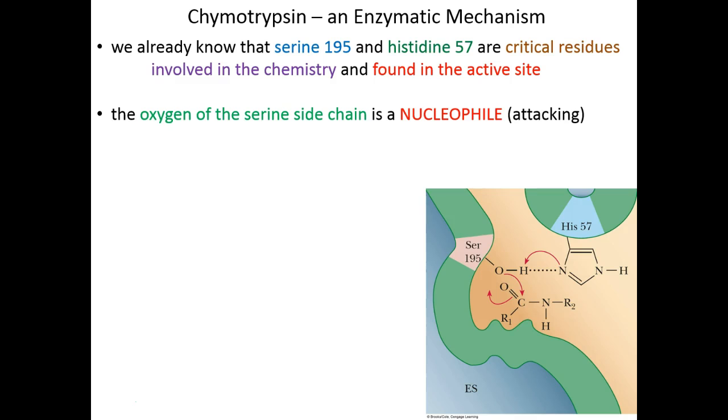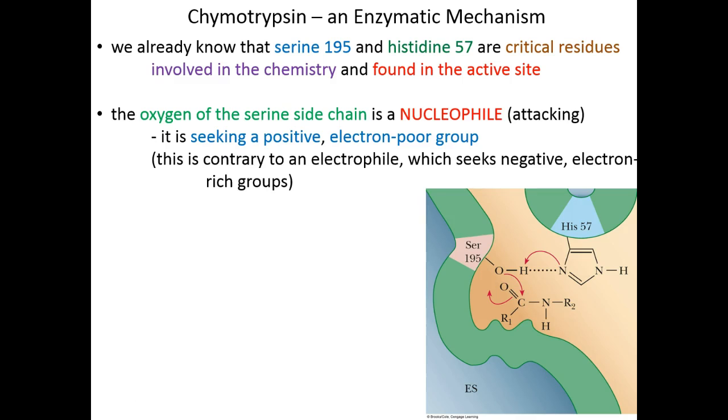The first thing that we need to consider is that the oxygen of the hydroxyl group in the serine side chain is a nucleophile. It's an attacking nucleophile, and it's hungry to make bonds. Specifically, it's seeking positive, electron-poor groups that it can attack in order to make new covalent bonds. This is as opposed to electrophiles, which you've probably learned about in your chemistry courses.